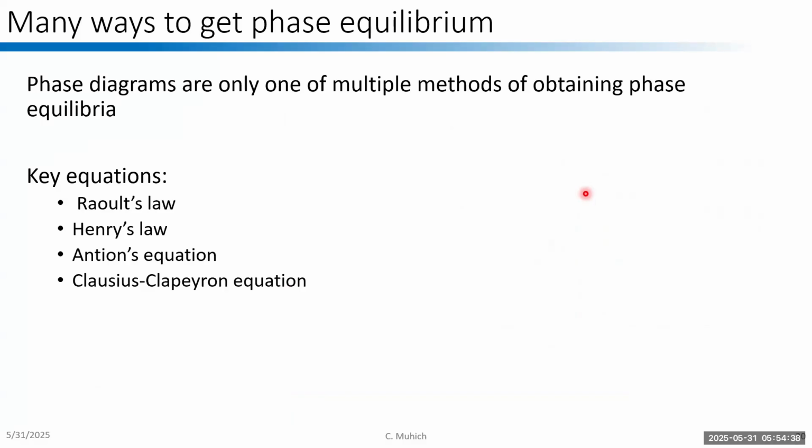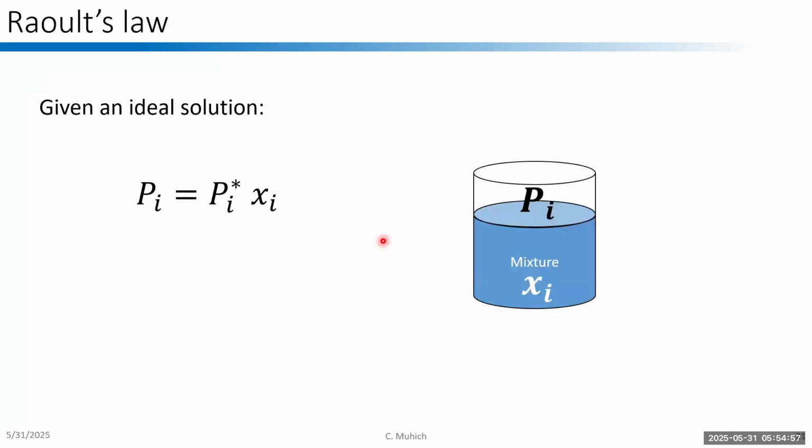So the key equations that we're going to go through today are things like Raoult's law, Henry's law, Antoine's equation, and the Clausius-Clapeyron equation. You could also look up information in tables. So think, dew points. But these are the ones that we're going to cover.